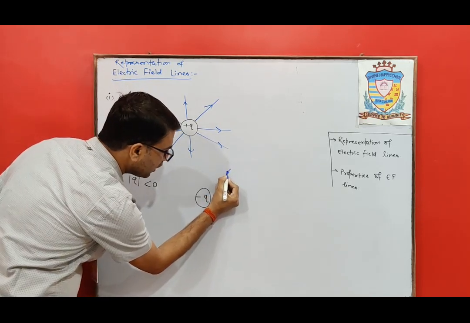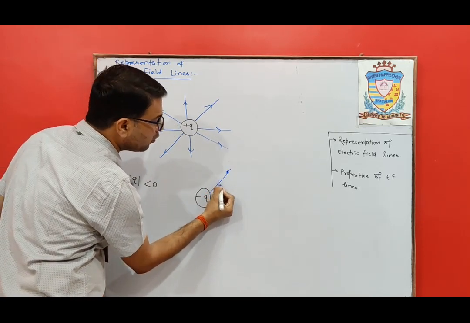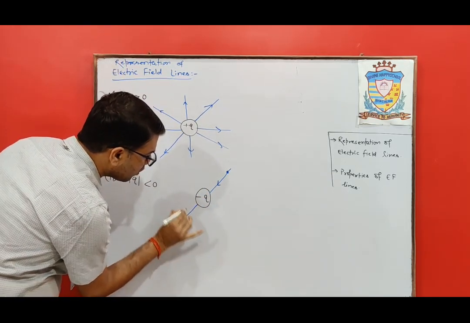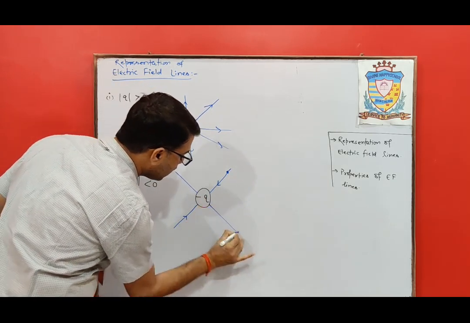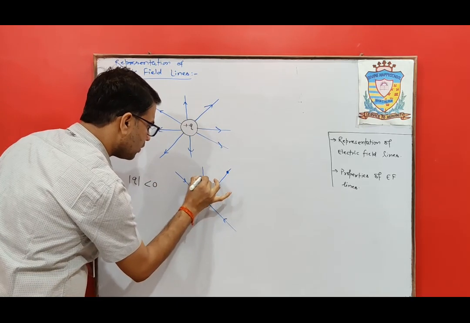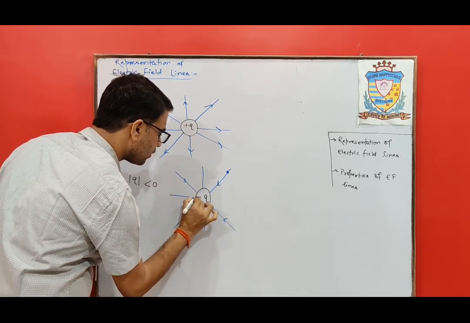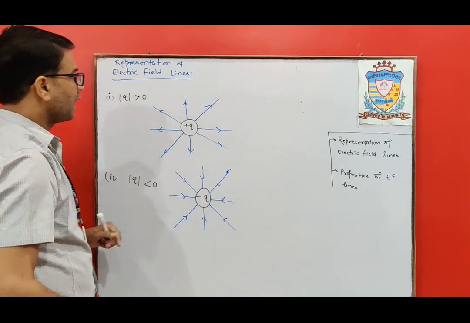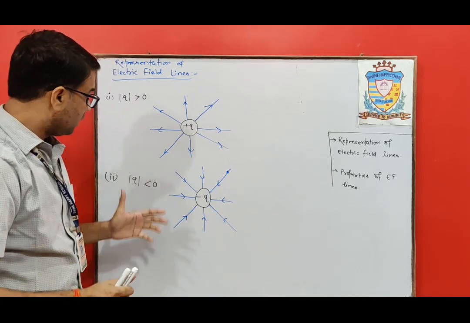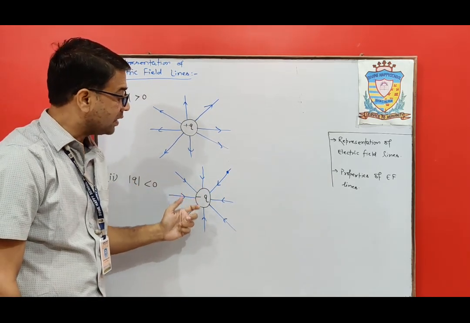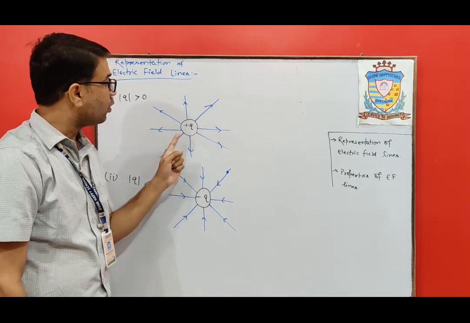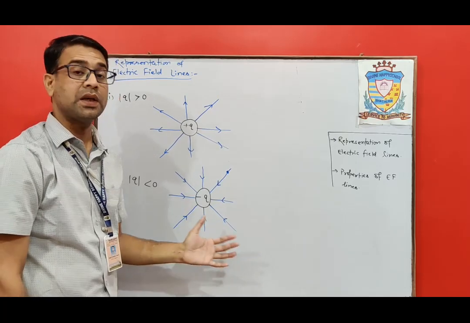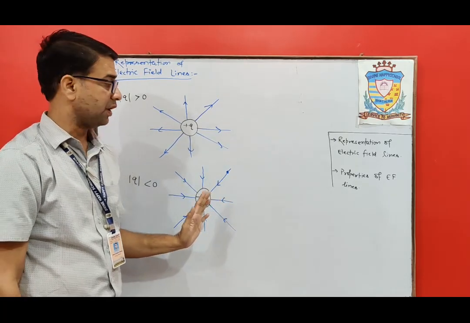That means this unit positive charge will move towards the negative charge, the source charge. Similarly we can draw it. Clear? So we can say that all electric field lines terminate at negative charge. They originate from positive charge and terminate at negative charge. We will discuss it in properties of electric field lines.